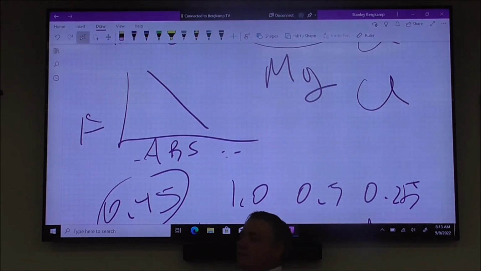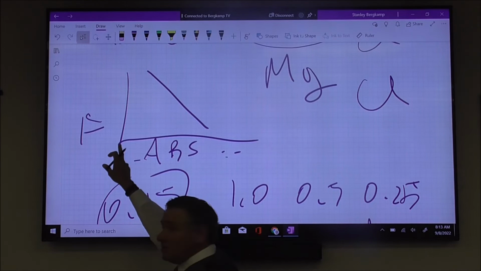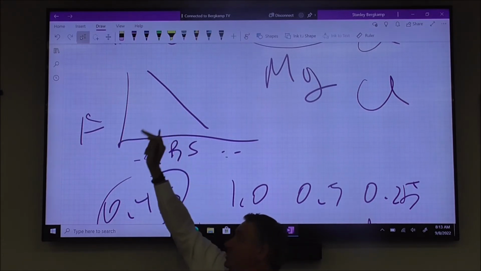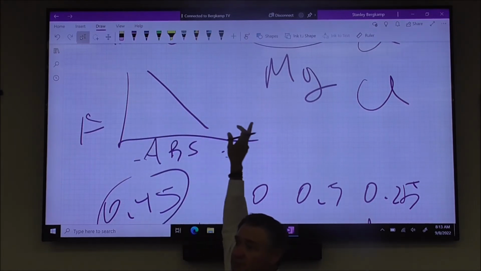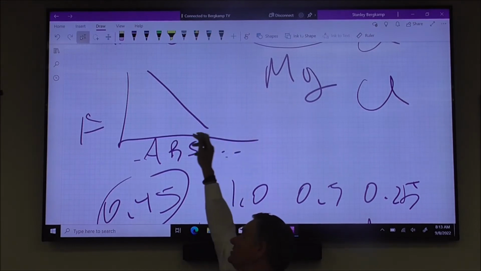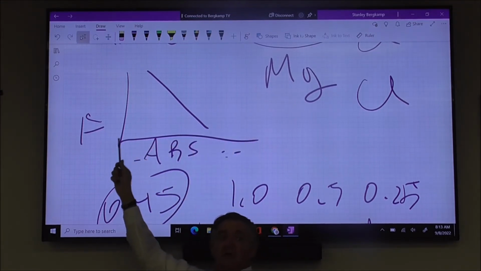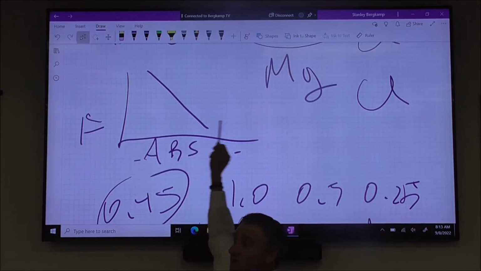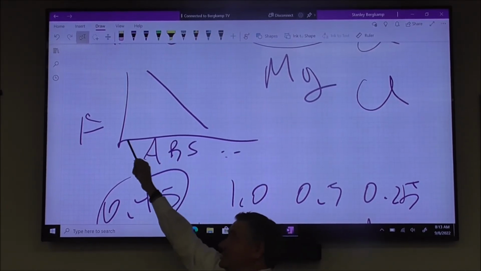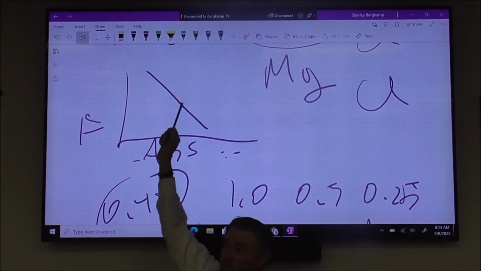Grace, so where's it coming from on the transmission line? Your transmittance goes from 0 up to 100. Your absorbance goes from 0 up to over 1. So your absorbance scale is going to go from 0 to 1, and your transmittance from 0 to 100.